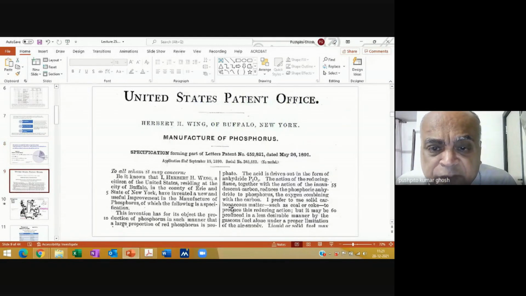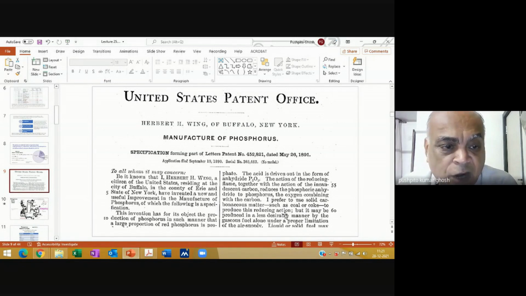This, I believe, is probably the first patent on the manufacture of phosphorus, which taught how to make this whole process roughly as I schematically told you. These are the people who for the first time were able to actually do it. You can see, I prefer to use solid carbonaceous matter such as coal or coke to produce this reducing action.